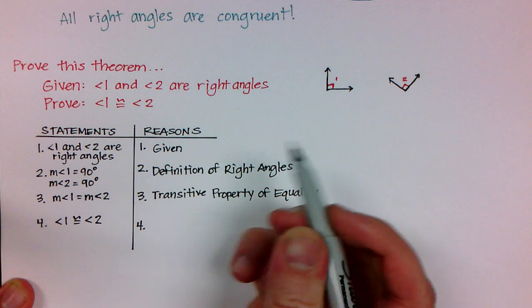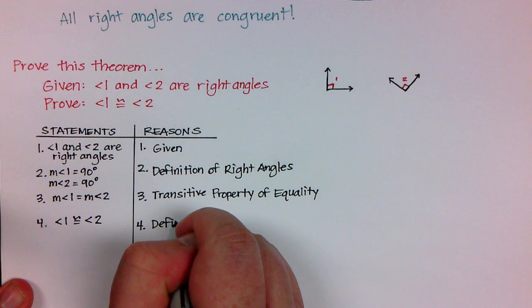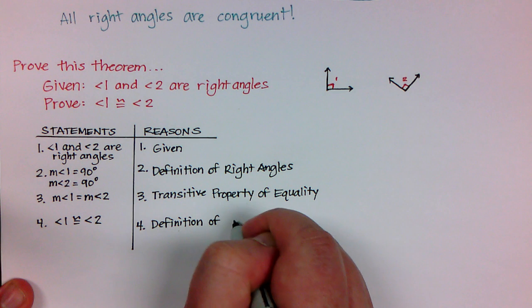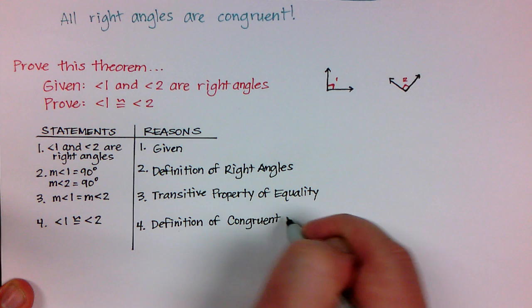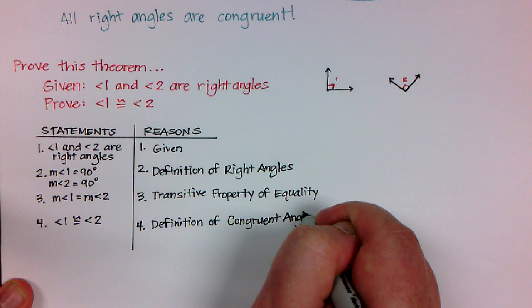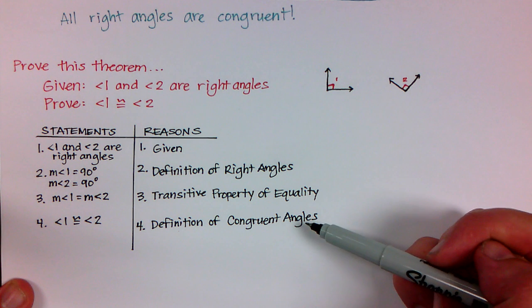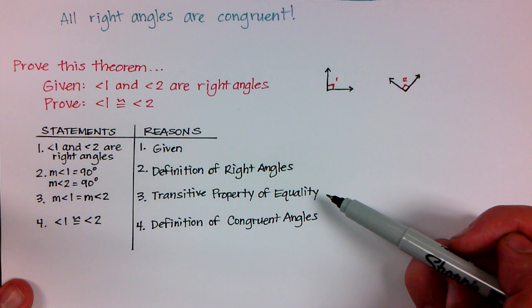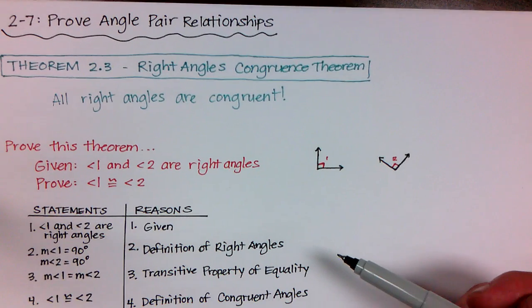So angle 1 must be congruent to angle 2. And this is the definition of congruent angles. So in this proof I used two definitions that I have already listed, and then the transitive property of equality, which we've already learned as well. So this is the proof for Theorem 2.3.